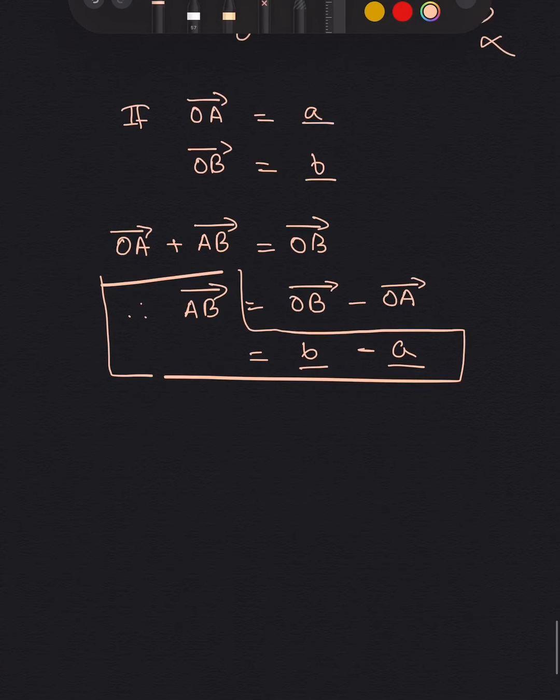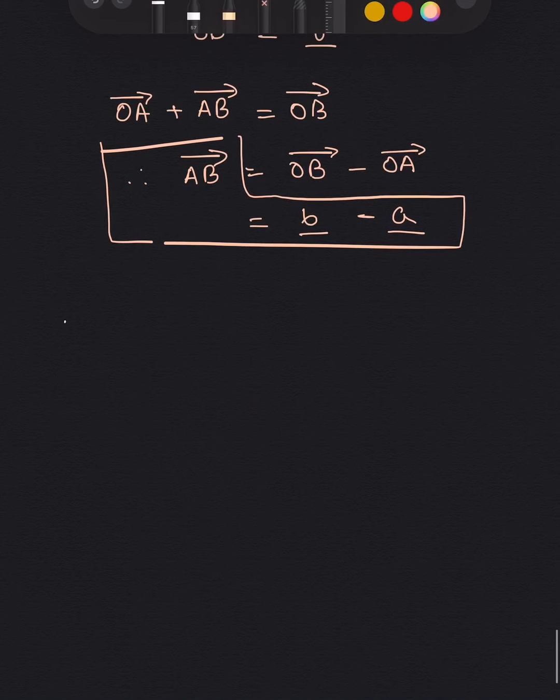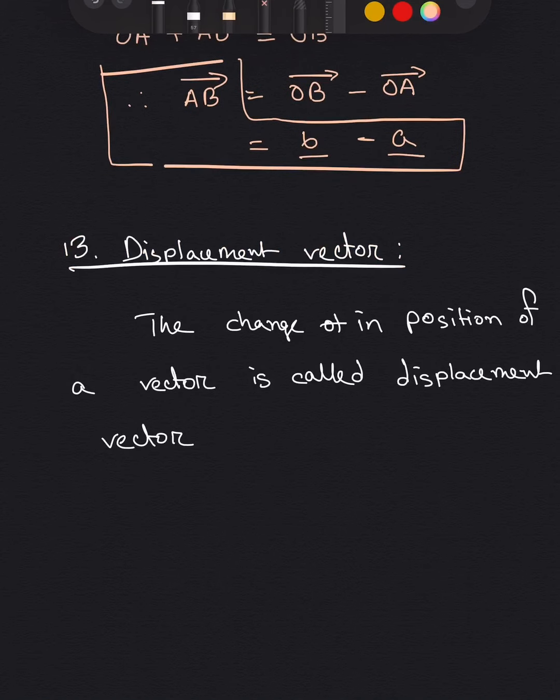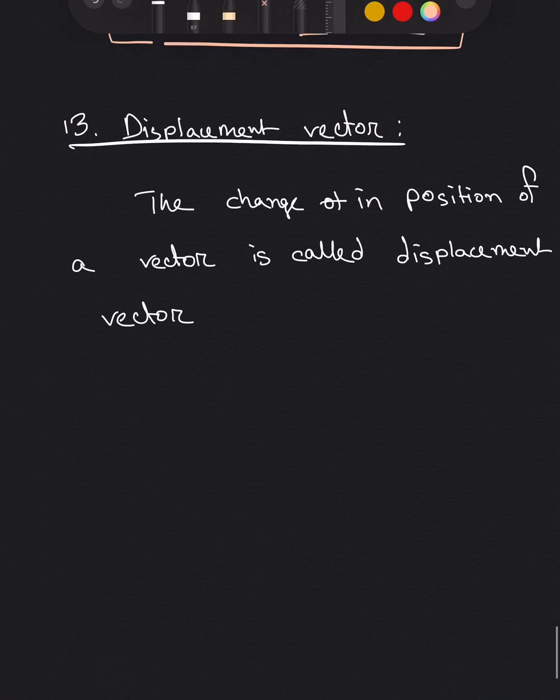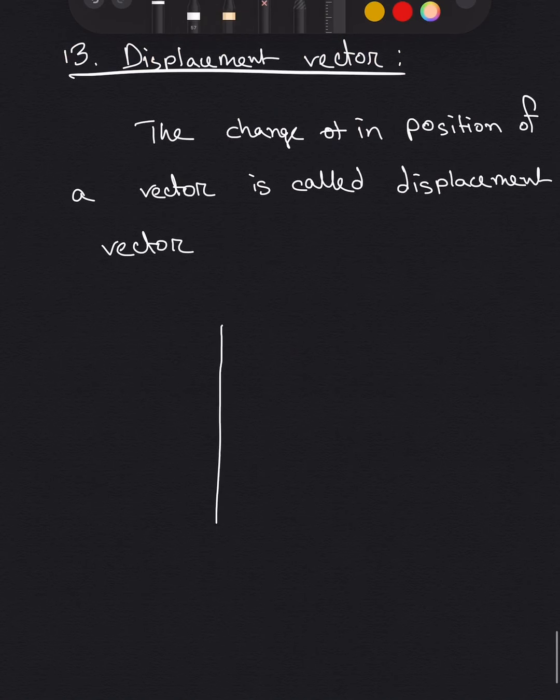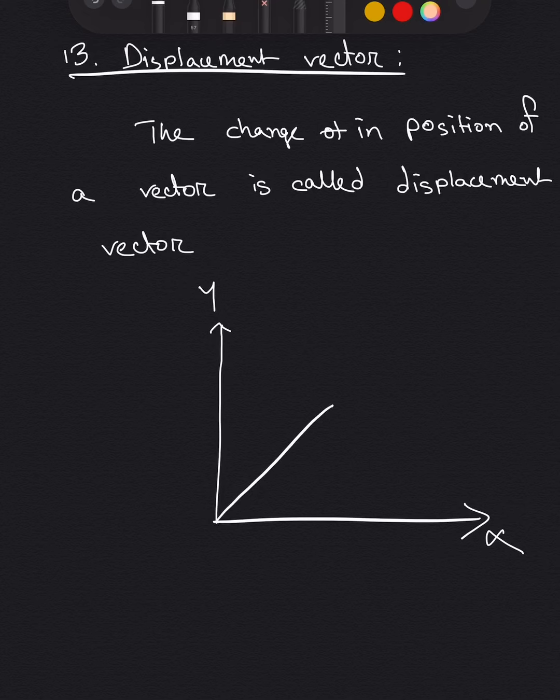Now coming to our 13th type of vector, which is displacement vector. The change in position of a vector is called displacement vector. Suppose we draw a reference frame, x-axis, y-axis, and here is a vector. You have first traveled to position A, and then from position A you travel to position B. So the position vector of B would be OB.